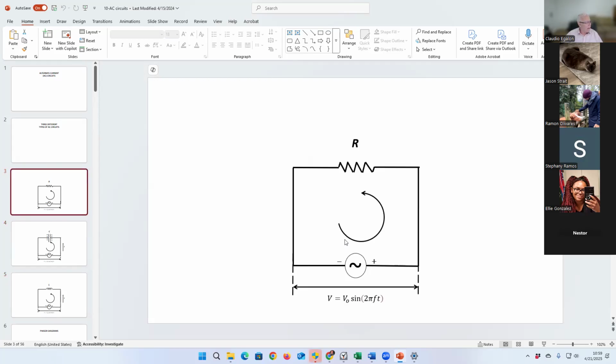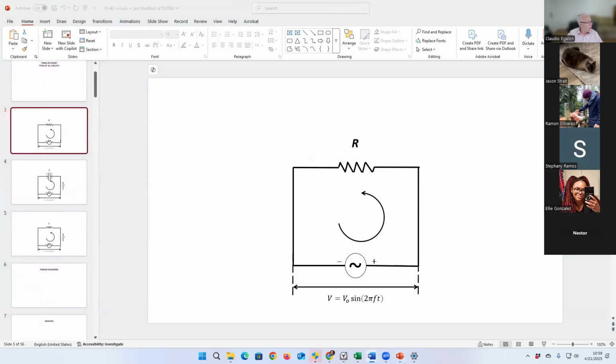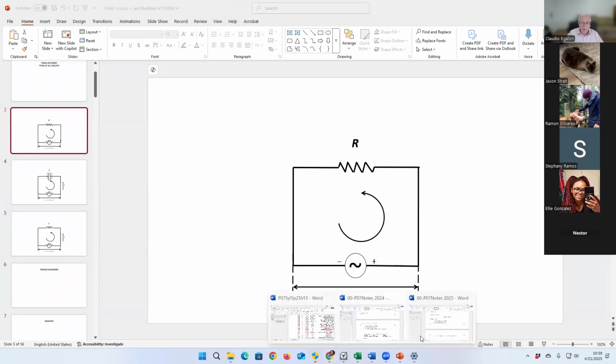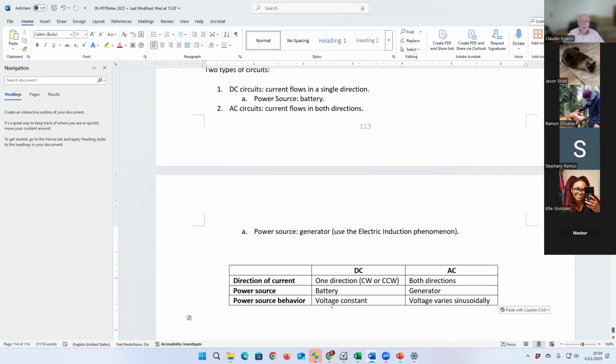We're going to cover the circuit with the resistor first, because it's the easiest one to understand. But before we go into that, let me just put a table in my notes. Direction of flow of the current is one direction only, either clockwise or counterclockwise.